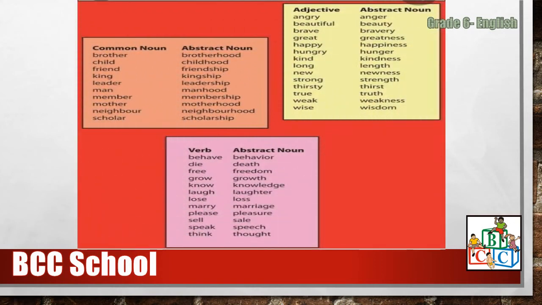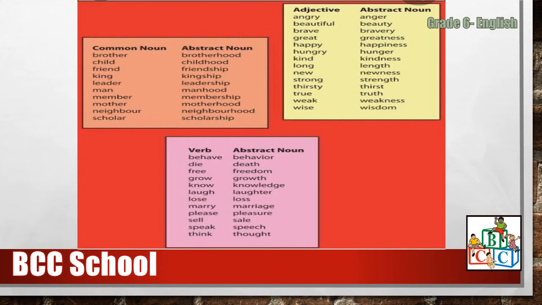The chart below shows how abstract nouns are formed. For example, from common nouns: brother, brotherhood; child, childhood; friend, friendship; king, kingship.